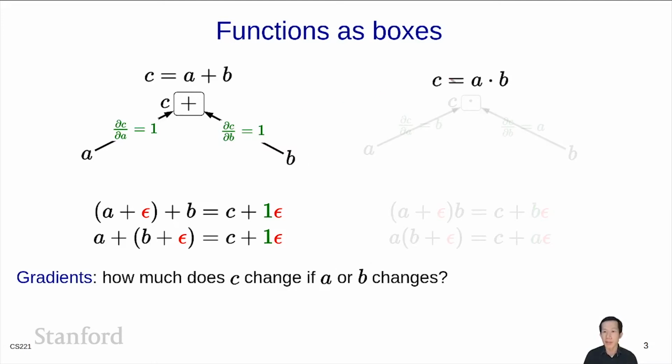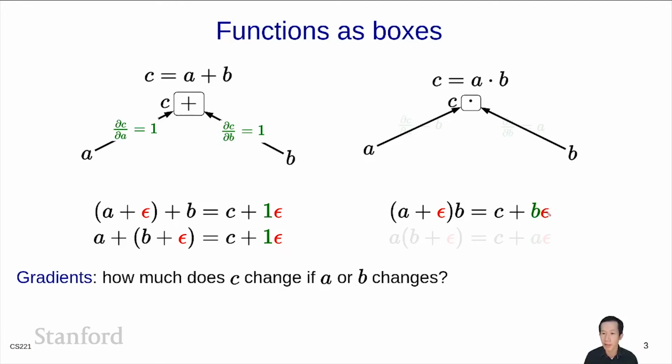Here's another example, c equals a times b. As a computation graph, a and b go into this box, which takes the product, and you get c. What happens when you add epsilon noise to a? a plus epsilon times b is equal to c plus b epsilon.